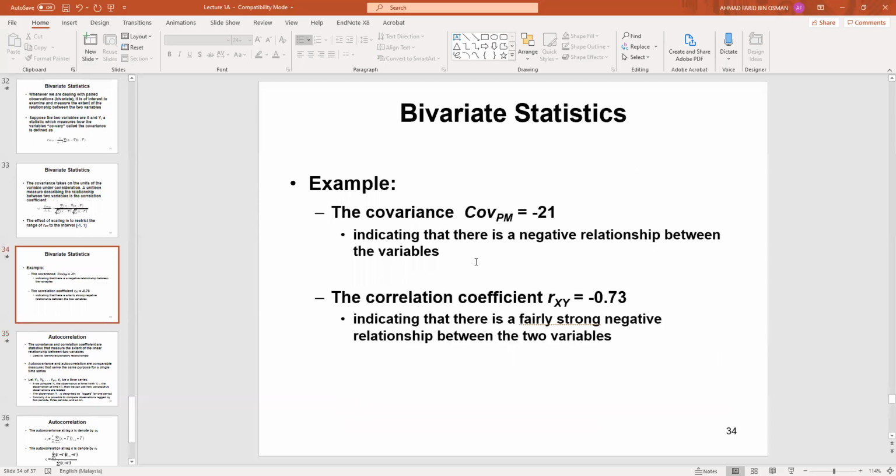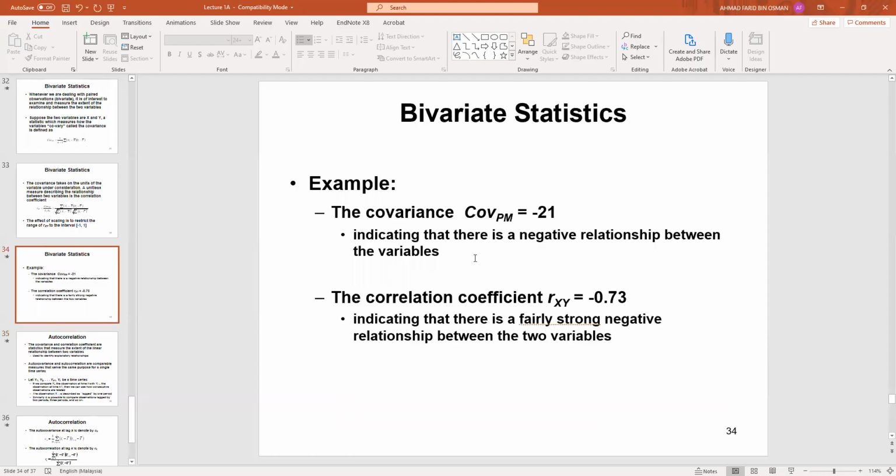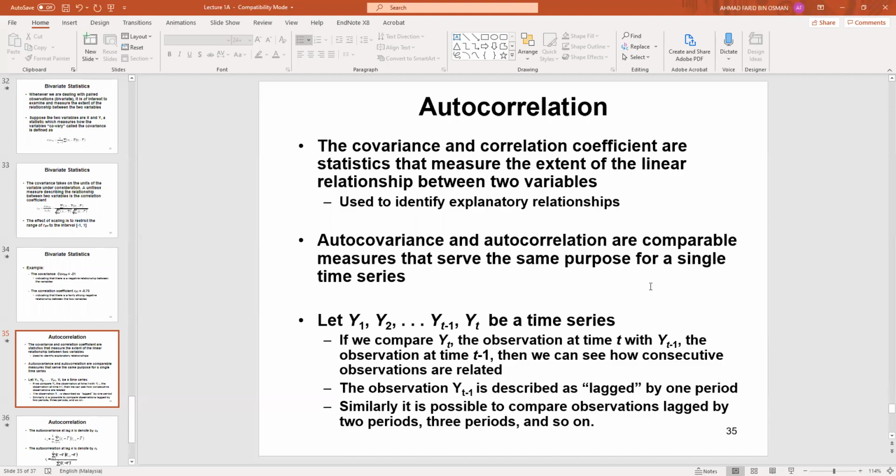So the covariance and correlation we use to represent the relationship between two different series, which we call a bivariate series. But we can also use the same concept of covariance and correlation within the same series, between different observations. So autocovariance and autocorrelation are comparable measures that serve the same purpose for a single time series.